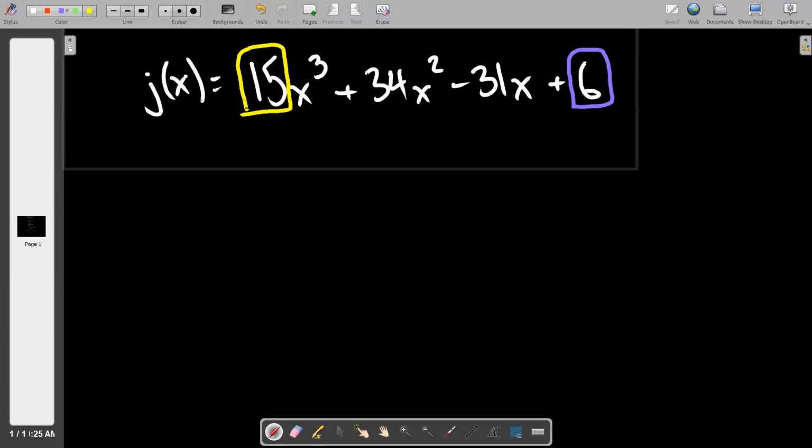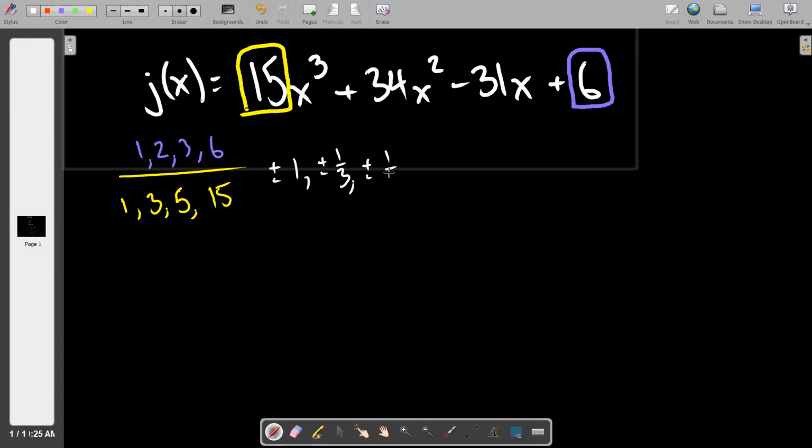So the factors of the number on top are 1, 2, 3, and 6. The factors of the yellow number on bottom are 1, 3, 5, and 15. So here we go with our list. We have positive negative 1, positive negative 1/3, positive negative 1/5, positive negative 1/15.